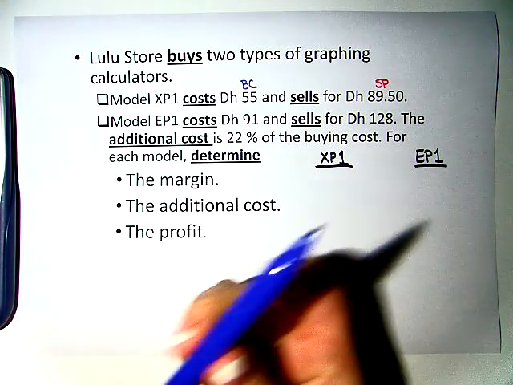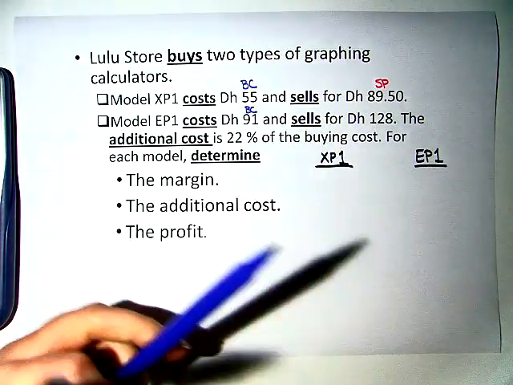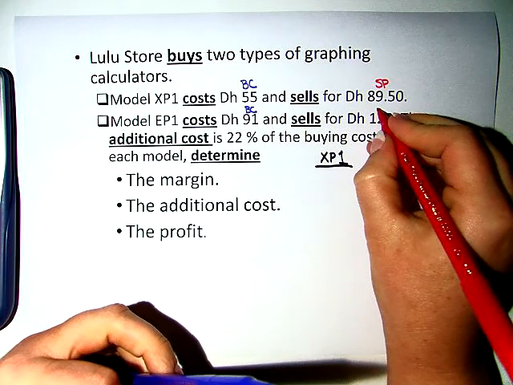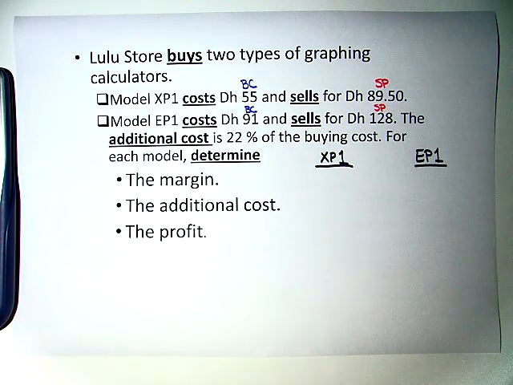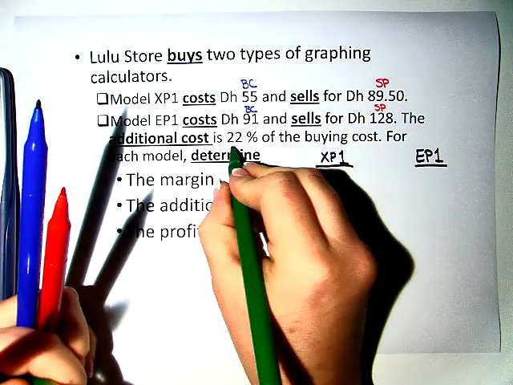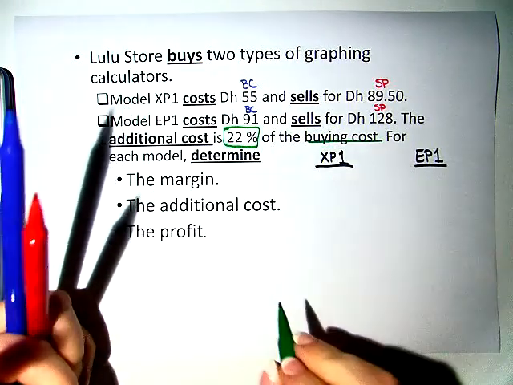Model EP1 costs, okay, buying cost, 91, and sells for 128, selling price. The additional cost is 22% of the buying cost.